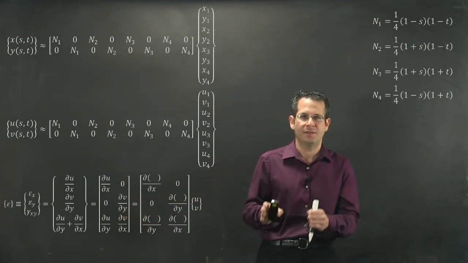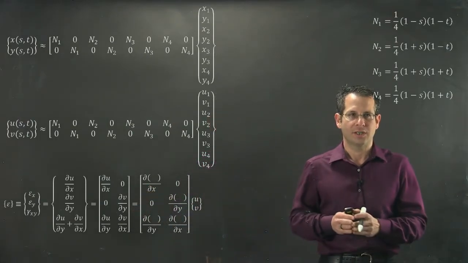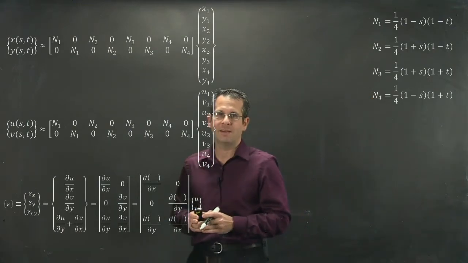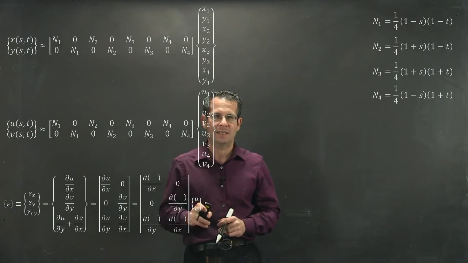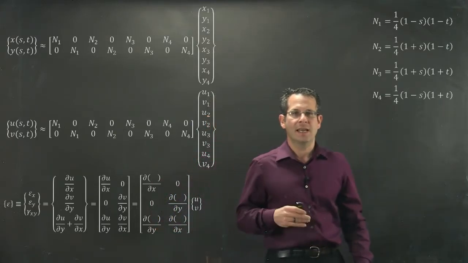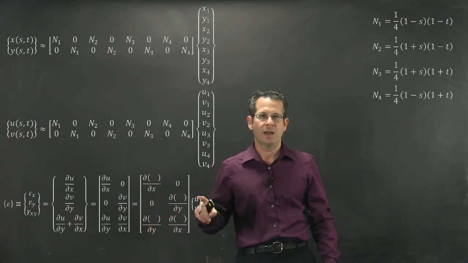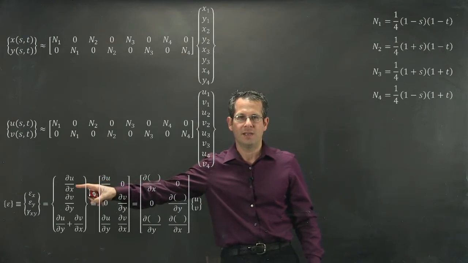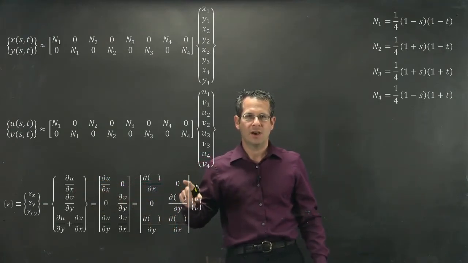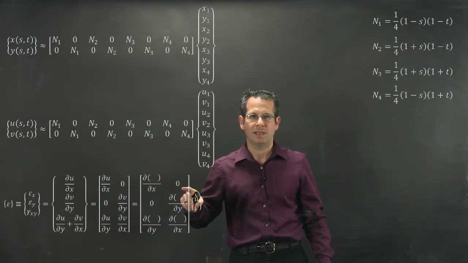Note the way I'm writing this here, I pulled the u's and the v's out and formed a vector. I'm going to treat this in a similar way to vector matrix multiplication. But rather than normal linear algebra, where the u would be multiplied by everything in this column, in the operator matrix it just means that the u is going to be operated on by everything in this column. So here I will get du/dx, recovering the du/dx here. In this column, I've got 0 operating on v, so it'll be du/dx plus 0.